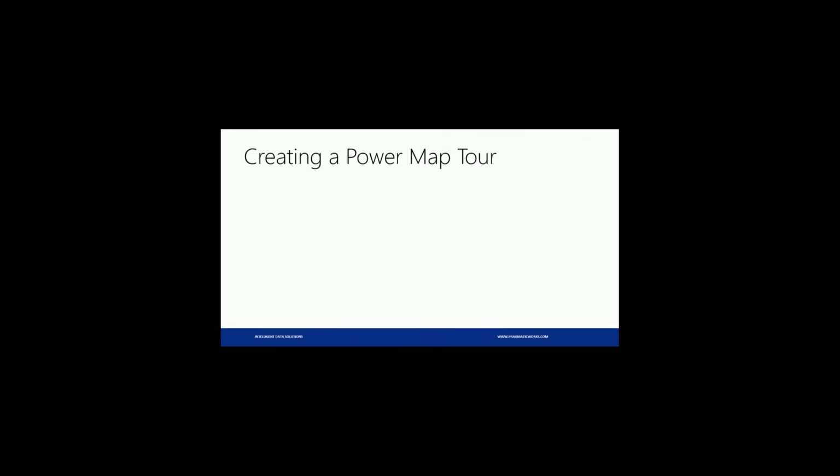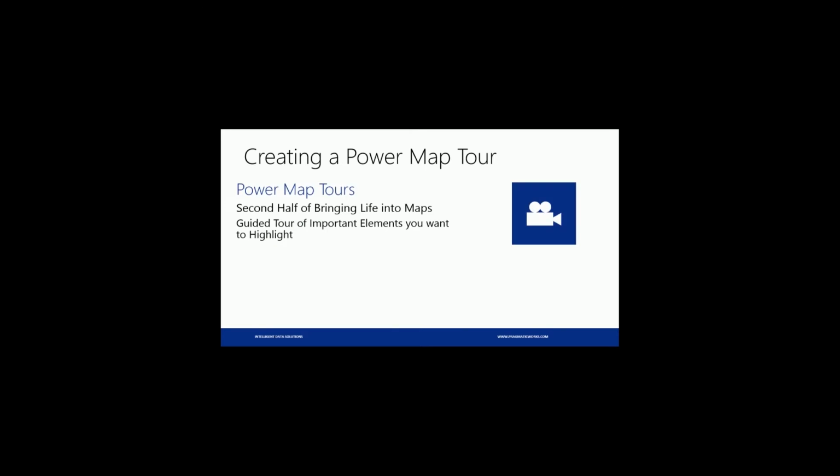All right, so when you're ready to create a tour, again, a tour is kind of like a movie. You're really bringing the map to life. So it's not just putting data points on a map, you're actually bringing it to life where you can see different locations on your map and highlight different things about the data in those locations.